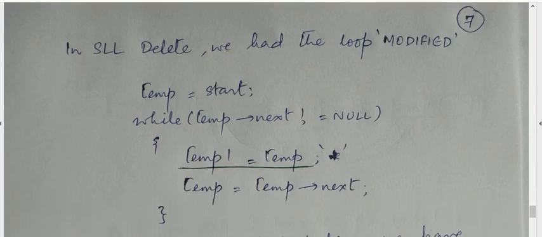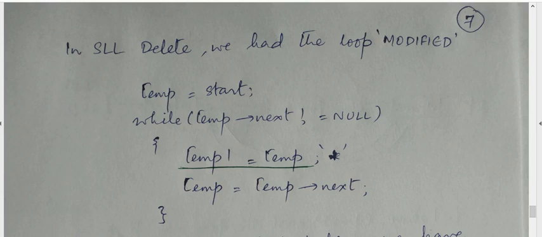So if you remember, in the case of a singly linked list, when we deleted a node, let's say at position 2, when we reached position 2 we actually needed a pointer which comes before it.